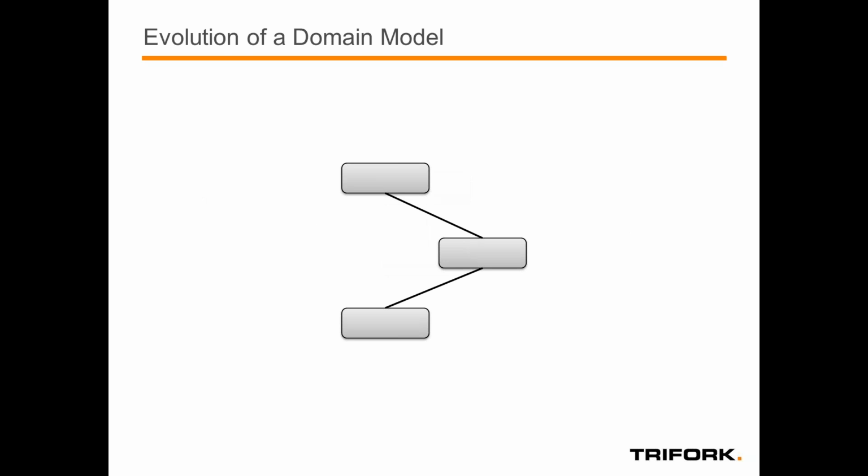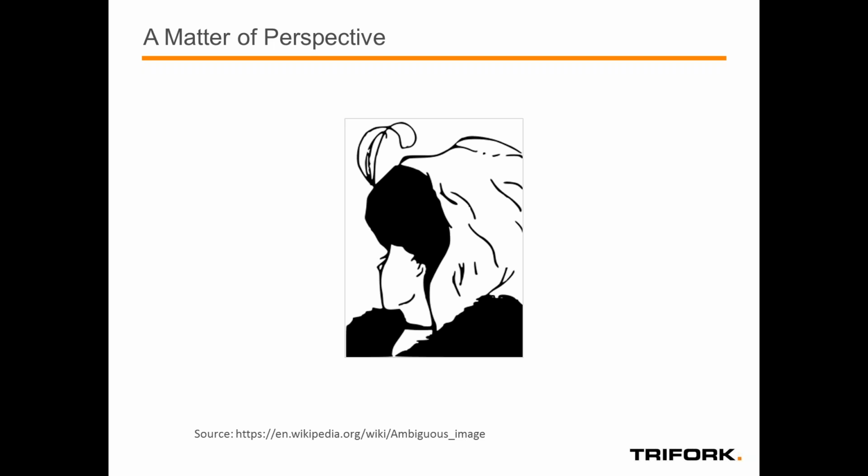But the problem with these domain models is that we have different perspectives of looking at things. So different people will see different things. Just as this image, some of you will probably see an old lady, and some others will see a young lady. So it really depends on your personal preference or mindset.